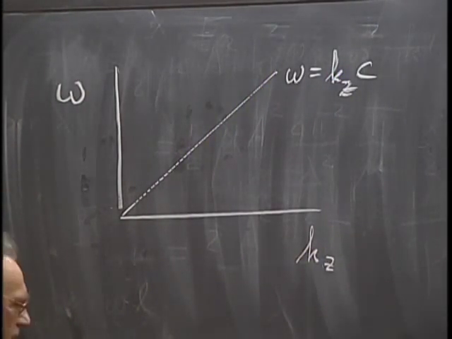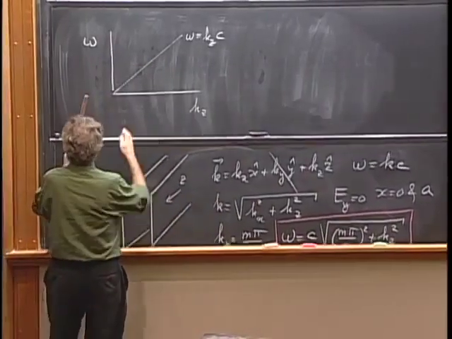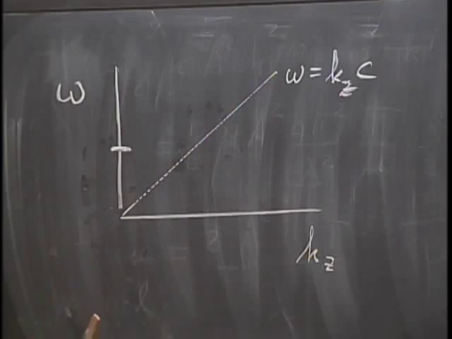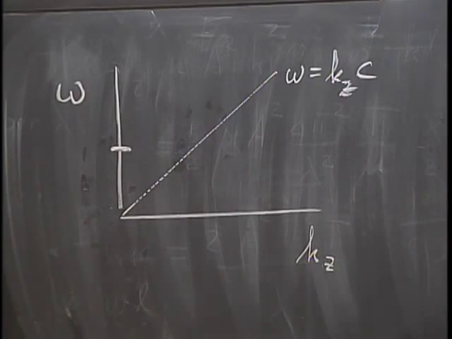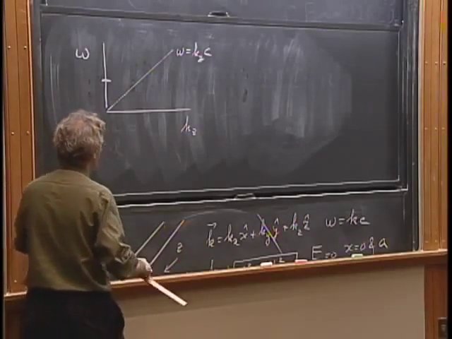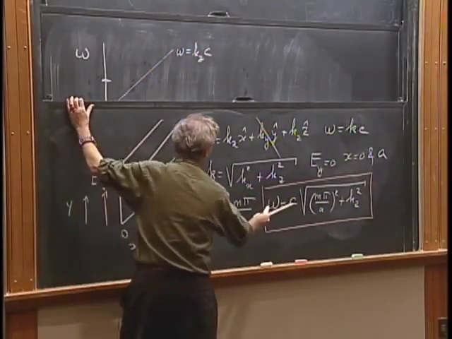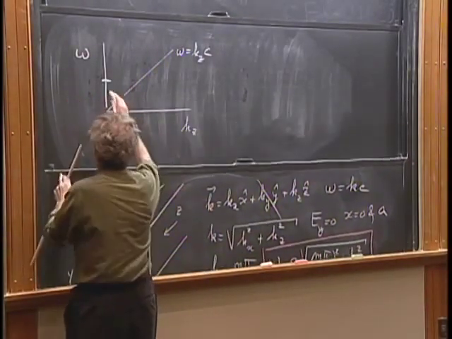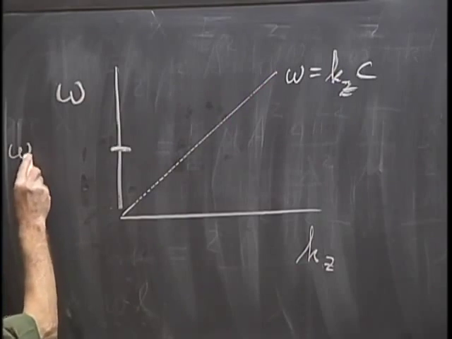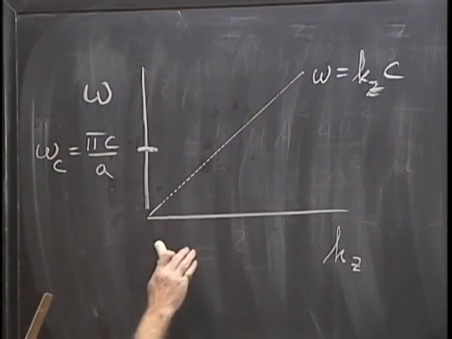However, this is different because of this. And so now you have here a frequency which is the lowest frequency possible for which radiation can actually go between the plates. This is the case for m equals 1, and omega is then c times pi divided by a. So that is the cutoff frequency, pi times c divided by a.